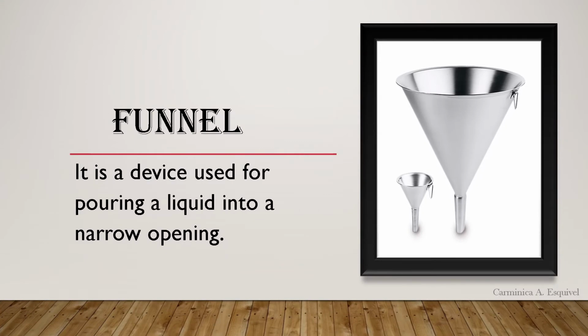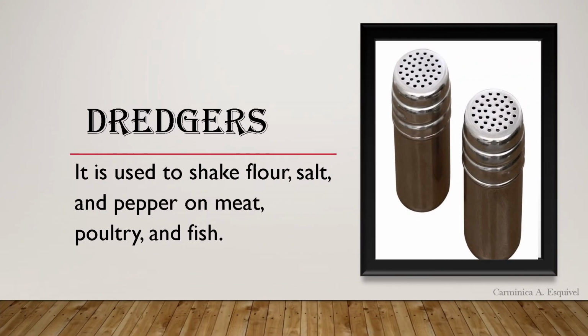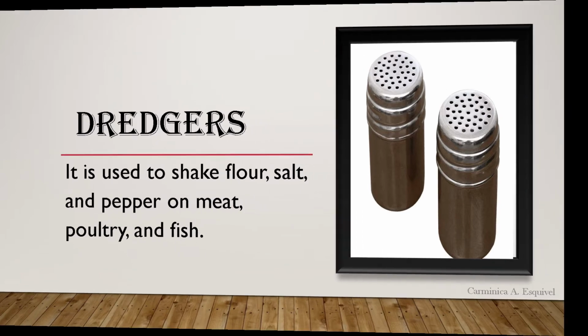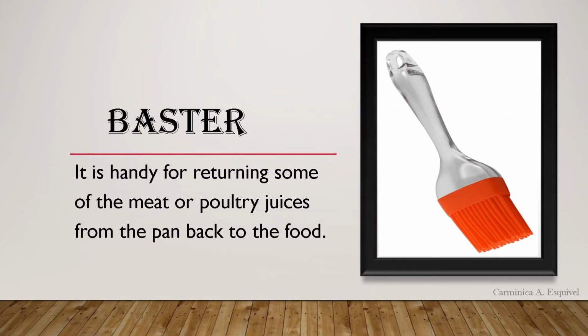It is a device used for pouring a liquid into a narrow opening. Dredgers. It is used to shake flour, salt, and pepper on meat, poultry, and fish. Baster. It is handy for returning some of the meat or poultry juices from the pan to the food.